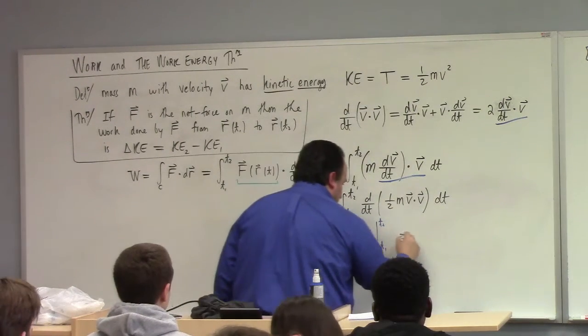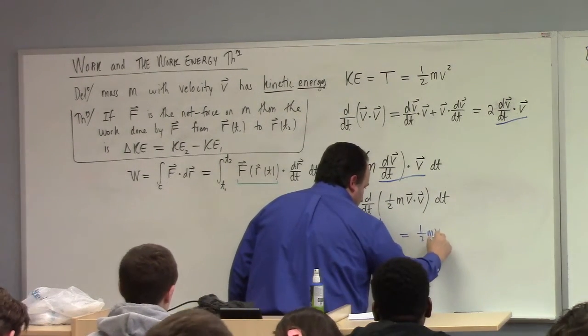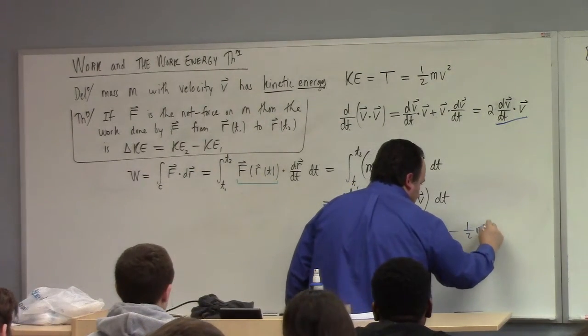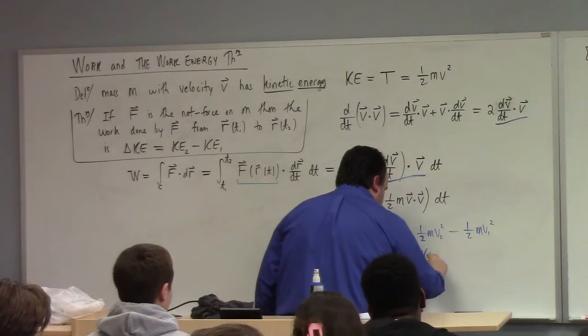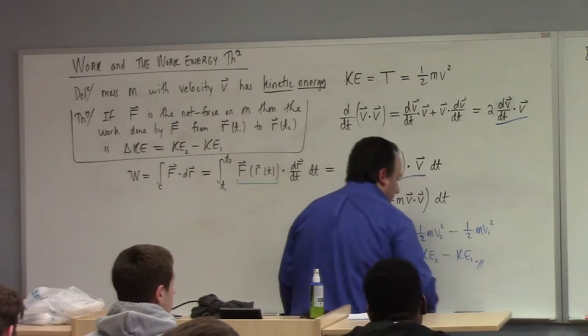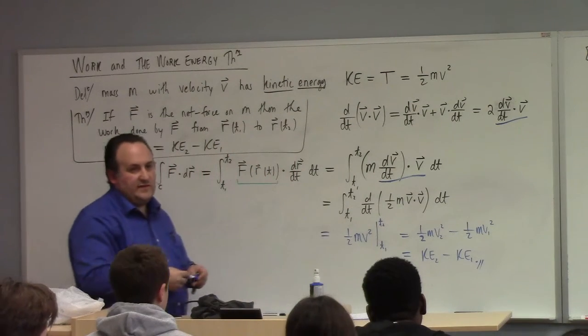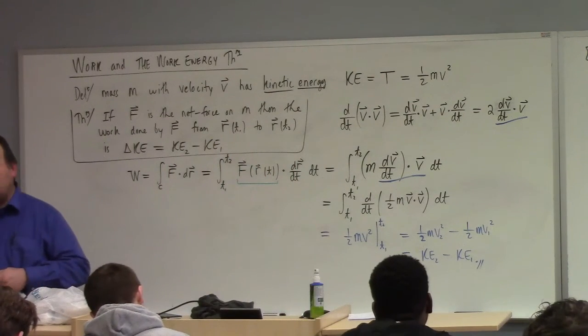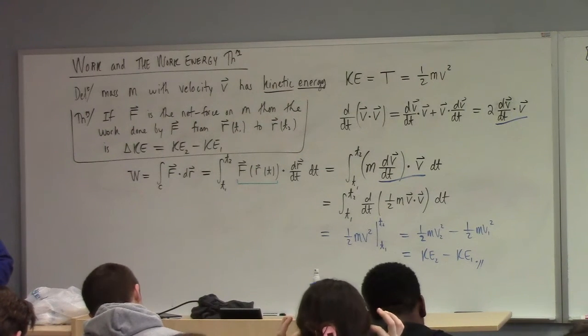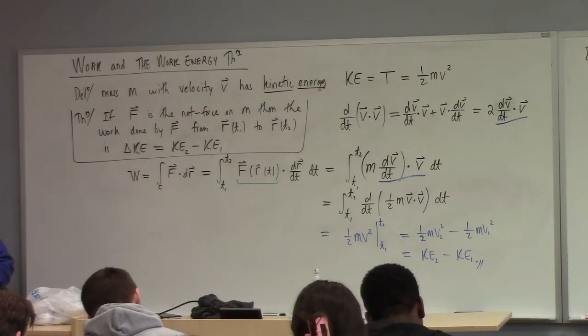In other words, it's 1/2 mv2 squared minus 1/2 mv1 squared, which is, of course, kinetic energy at time 2 minus kinetic energy at time 1. And that's the work-energy theorem. It says that the change in kinetic energy is given to you by the work done.